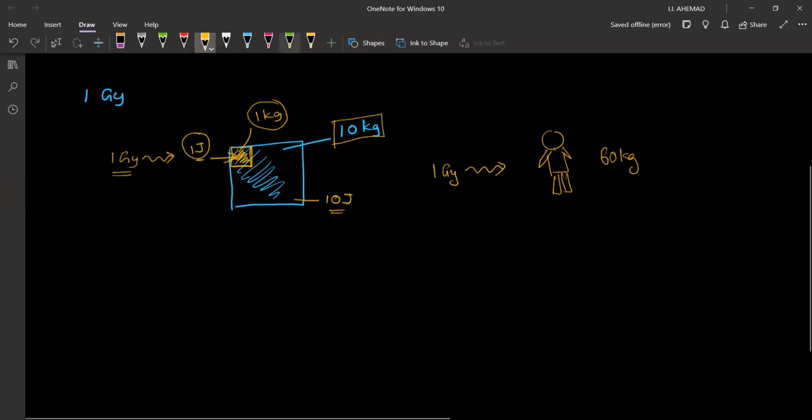Then how much energy is absorbed by the body?